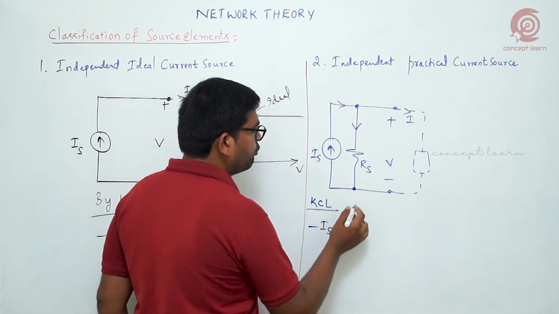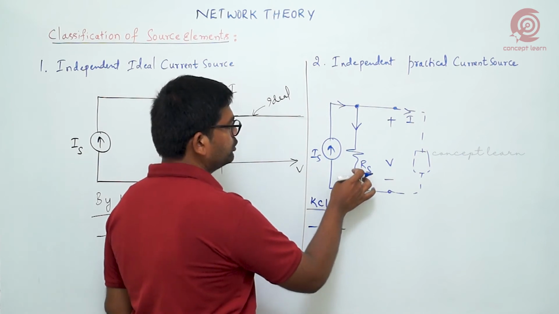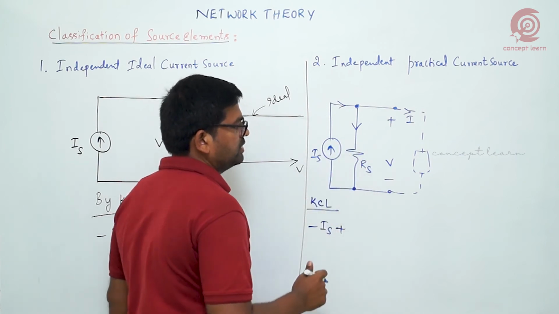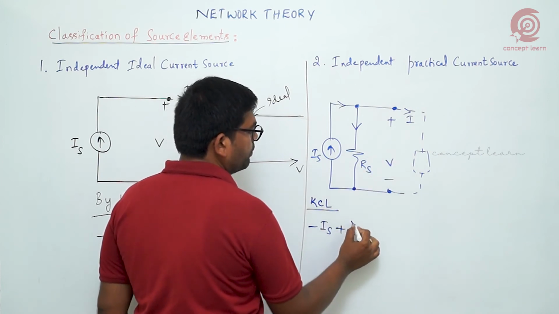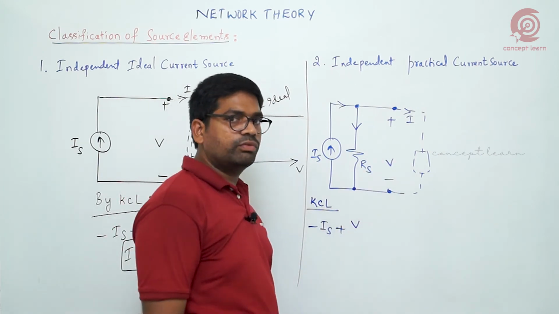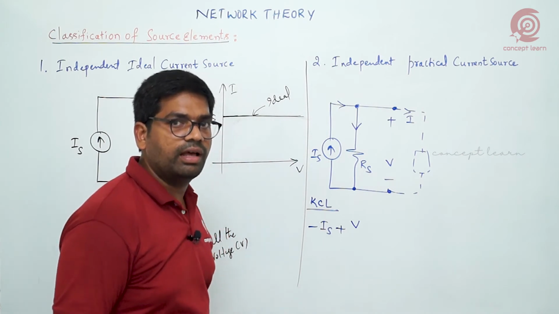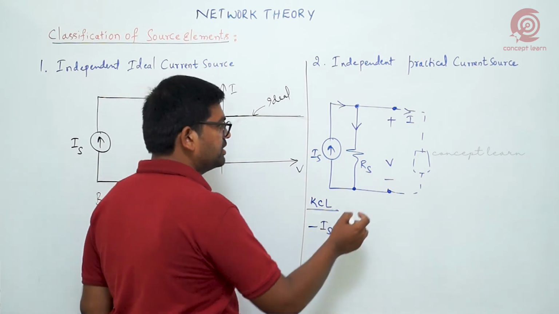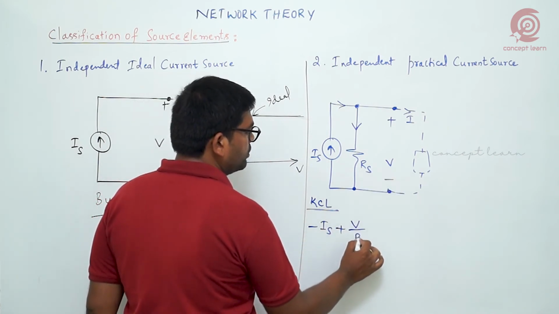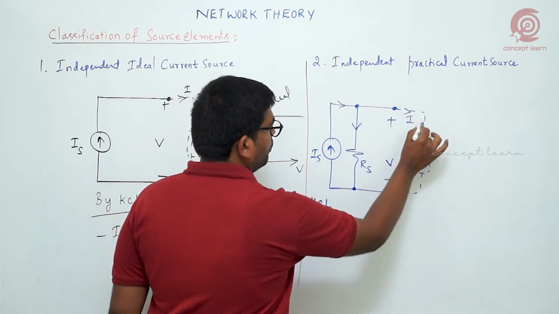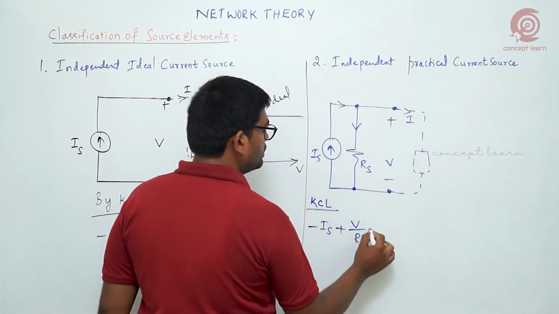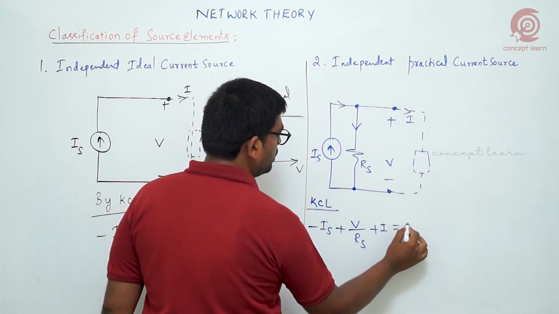What will be the current flowing through this resistance? You should know the voltage across it. It is this terminal voltage V only. So using Ohm's law, I is equal to V by R, that is V by Rs. This is the current flowing through this resistance. Again, the current flowing through this terminal is I only, and the sum is equal to 0.